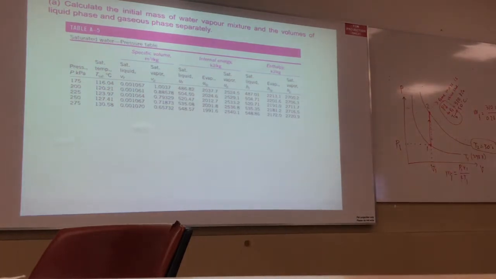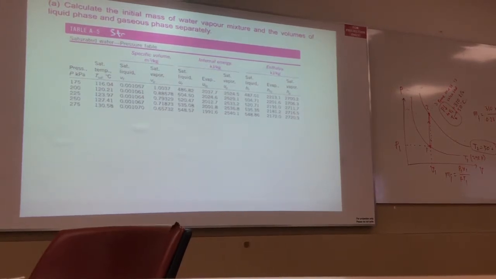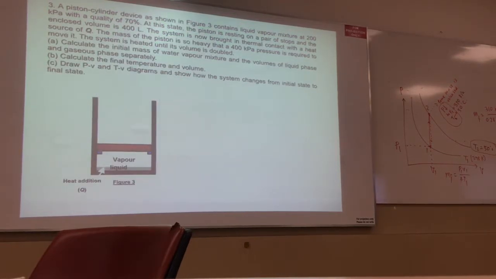Which I discussed today in the class. Alright. So state 1, I go to the previous slide. This one indicates state 1, initial. When you apply heat, it doesn't move. When the pressure becomes 400 kilopascal, then this moves. Then finally it goes to here. Same as the previous question. So what is P1?